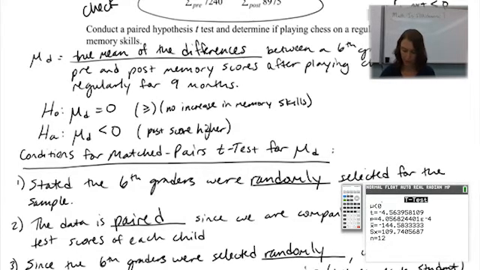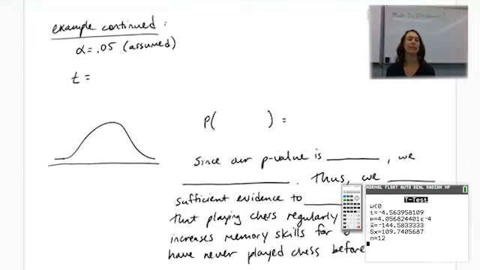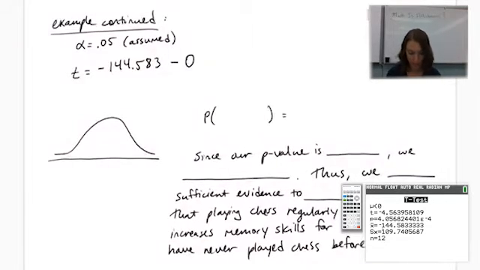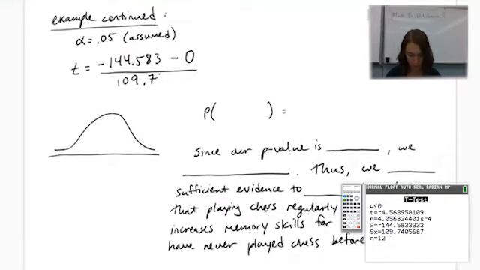Okay. So my t value, remember, I can't just write down this value. You won't get any credit. We need to use our formula. And our formula is our mean of our sample, so that's here, negative 144.583, minus our hypothesized value, which was mu sub d equals 0, over our standard deviation, which is 109.741, divided by the square root of n, which in this case is 12.